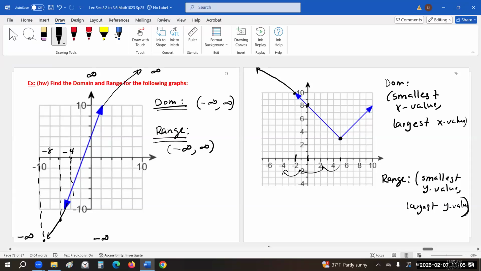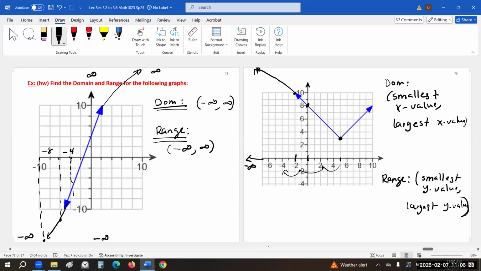And the line is going on forever and ever. So what is happening to the number on the left side? They're getting smaller and smaller. So what is the smallest number we have on the left side? -infinity. So we don't know where it stops. So we have -infinity on the left side of the x-axis.